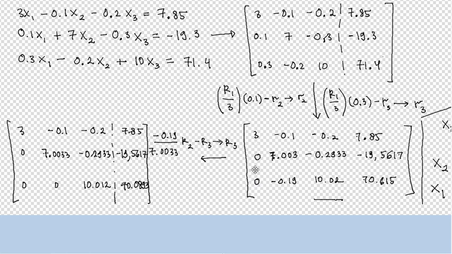After having this matrix, the only thing that we have to change is the coefficient of the second column of the third row, which is minus 0.19. We have to change this into 0. If this becomes 0, then I will have a triangular matrix.